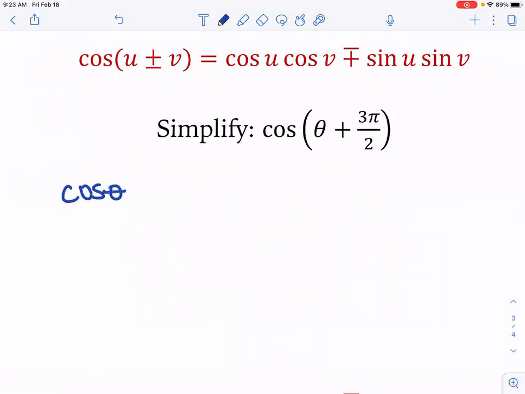Cosine of u times cosine of v. We are adding inside of cosine. When we apply this formula, we have this upside down plus minus sign, which means we are going to switch to subtraction.